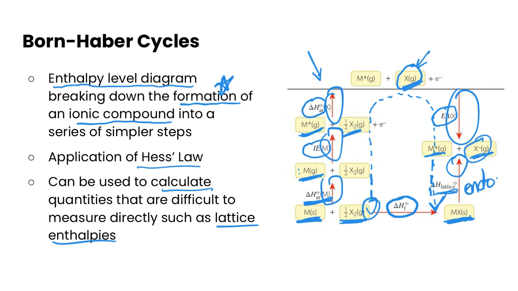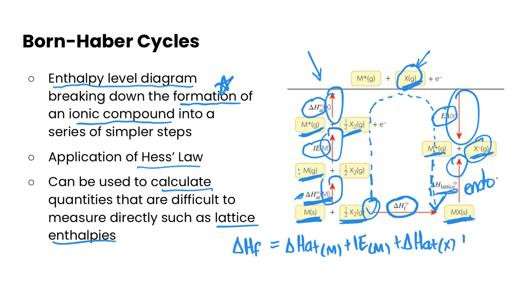If we were trying to find our enthalpy of formation of this reaction, we would be taking our enthalpy of atomization of our metal, our ionization energy of our metal, our atomization enthalpy of our nonmetal, and then our electron affinity of our nonmetal.